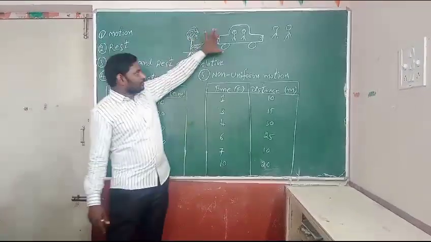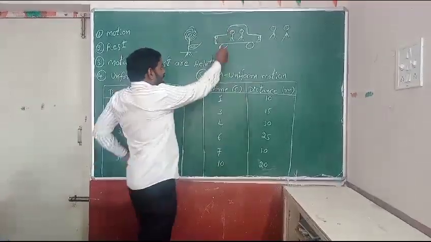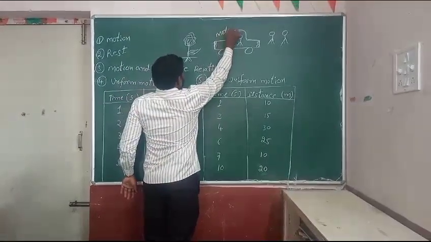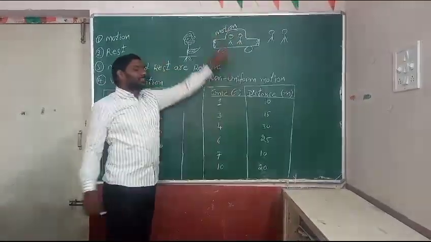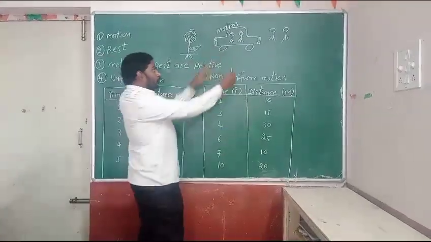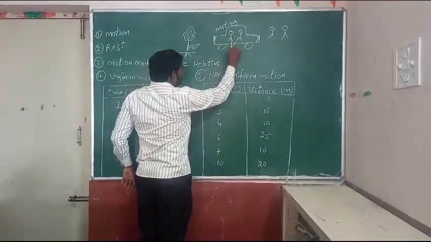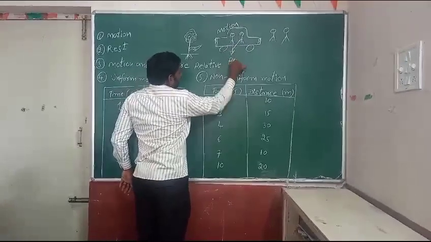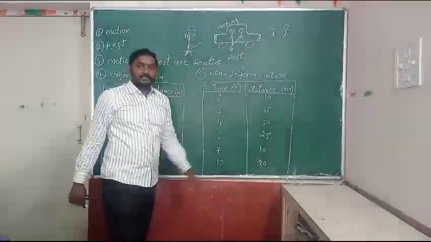For example, the state of the car is motion, and two persons are sitting in the moving car, and their state is rest.